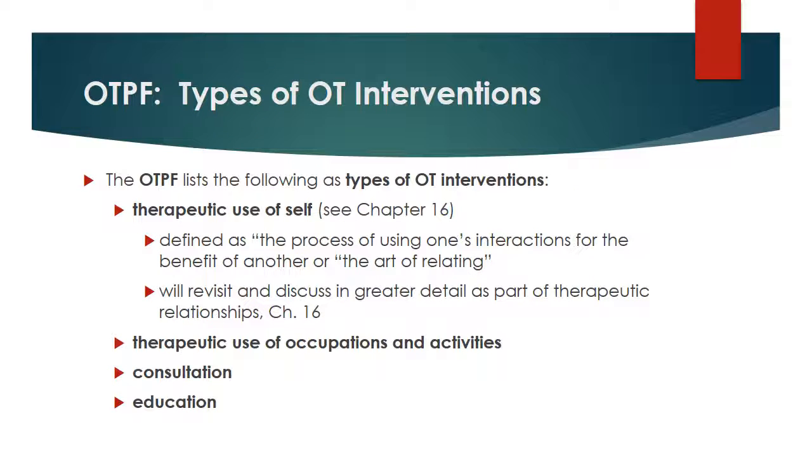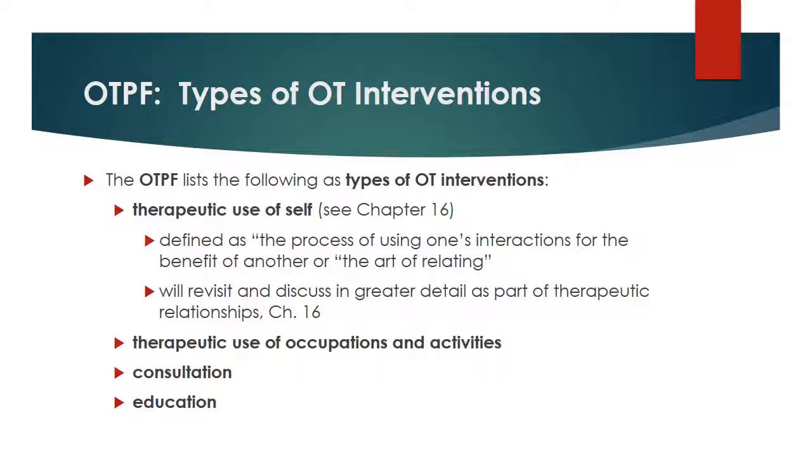Now let's take a look at the types of interventions. The OTPF lists the following as types of interventions. Therapeutic use of self. It's defined as the process of using one's interactions for the benefit of another, or the art of relating.